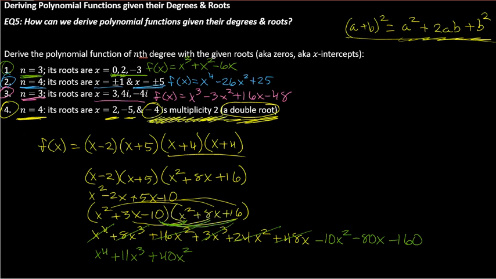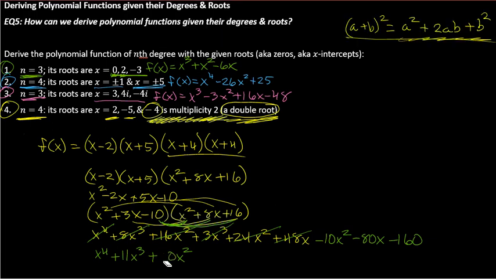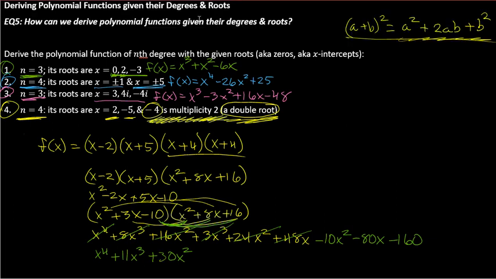So that 40x squared is going to combine with the minus 10x squared to give me 30x squared instead. Okay, so now plus 48x minus 80x, that is going to leave me with negative 32x. And we're left with the constant minus 160.